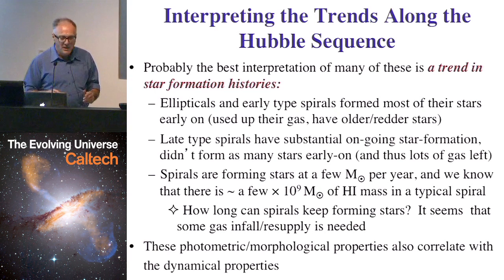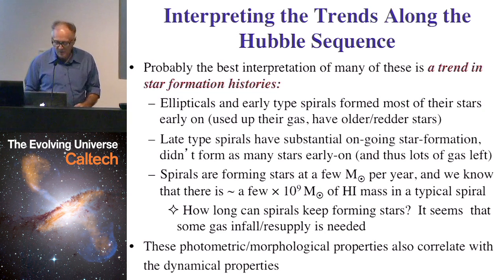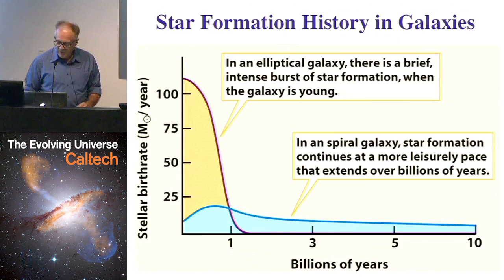There is intergalactic hydrogen that is being accreted to the galaxies and then serves as an additional fuel for star formation. So this is a sort of cartoon version of what the difference might be: for elliptical galaxies or bulges, you do a lot of early star formation.